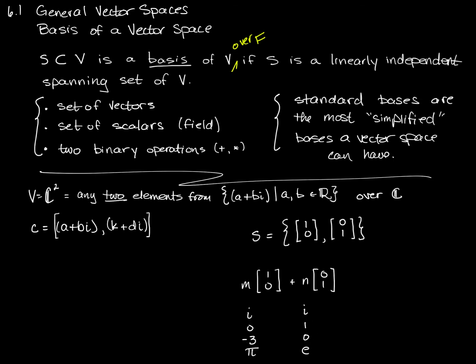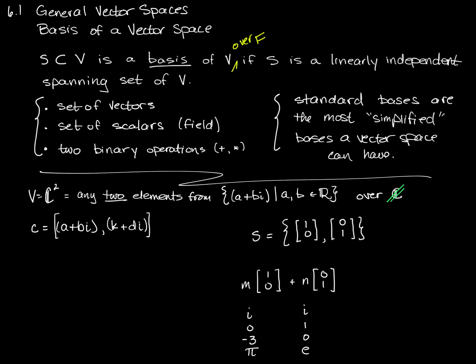So that makes this a standard basis for C2 over the complex numbers with this field. All right, now I'm going to do another one. Let's see if I can squeeze it in here. Actually, I'm just going to do it by changing color because it's really quite interesting what happens here.